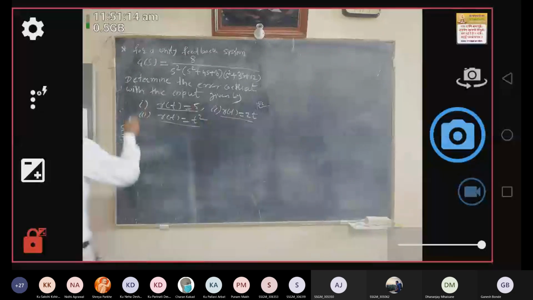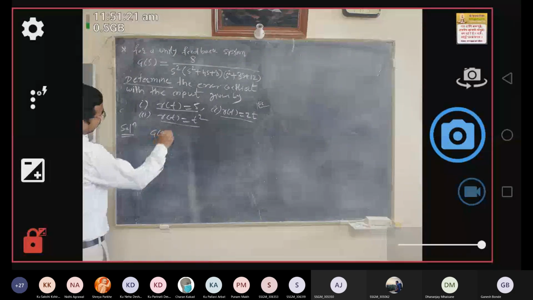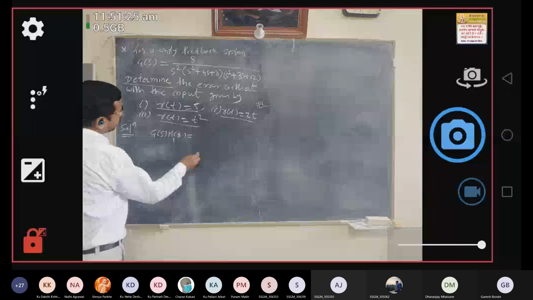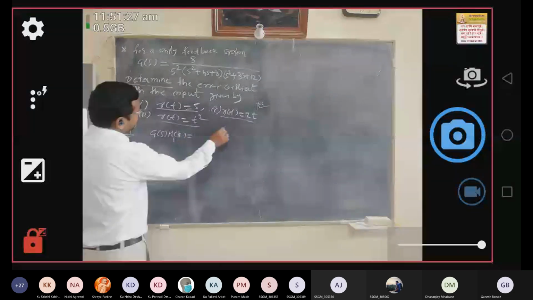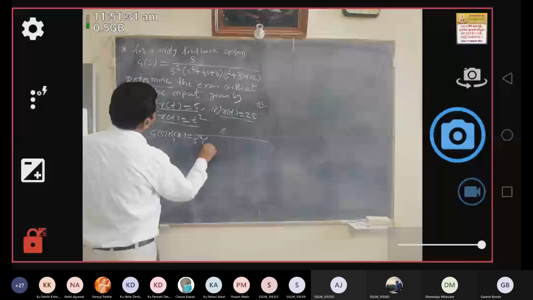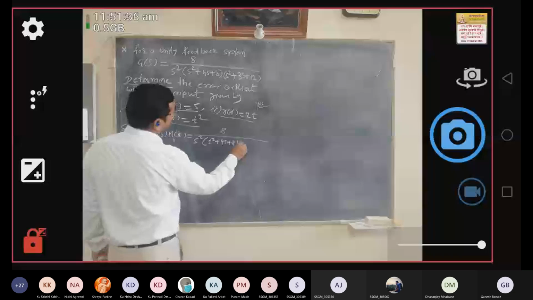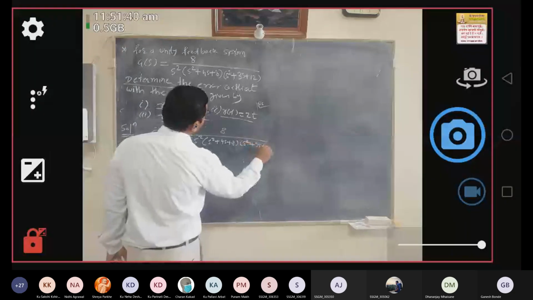So here G of s into H of s is only G of s, which is given by 8 upon s square into s square plus 4s plus 8 into s square plus 3s plus 12.